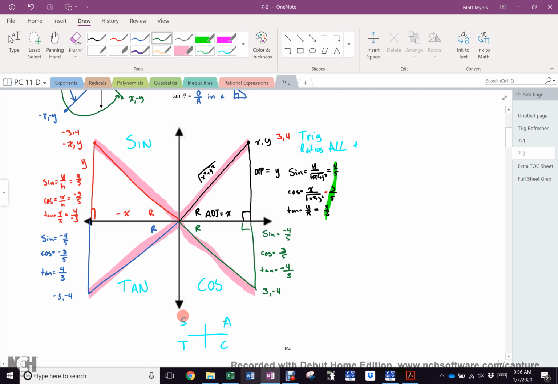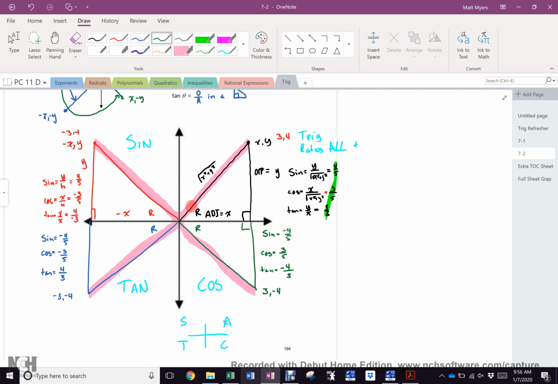Now, what did you notice is always a positive number? In all of this work we did up here, the hypotenuse was always positive, yes? Why is that? When you square the negative, you get a positive. So the hypotenuse is always positive.